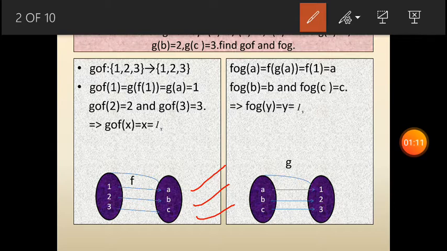Similarly, g is defined as g(a) is 1, g(b) is 2 and g(c) is 3. So calculate gof as well as fog.